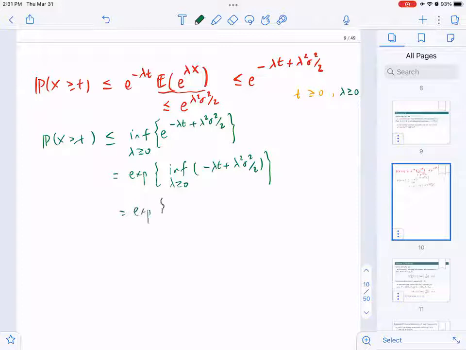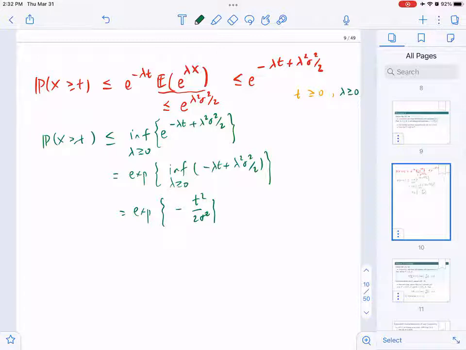Hopefully this turns out to be negative t squared over 2 sigma squared. It's just a quadratic, so it has a minimum. I'll let you figure out the details. It's simple enough.